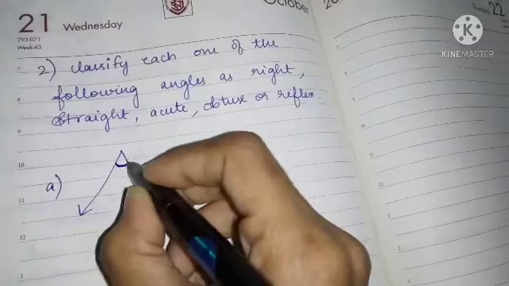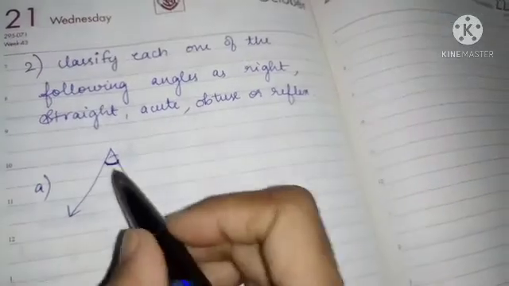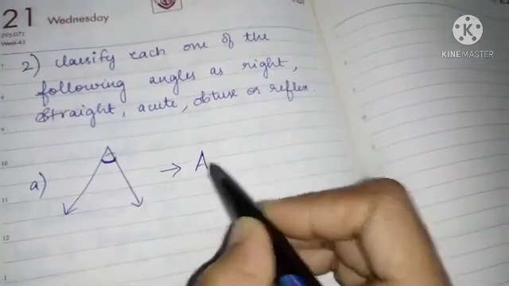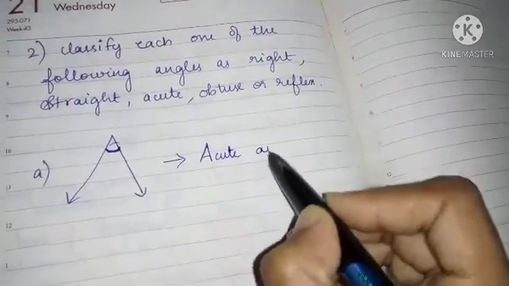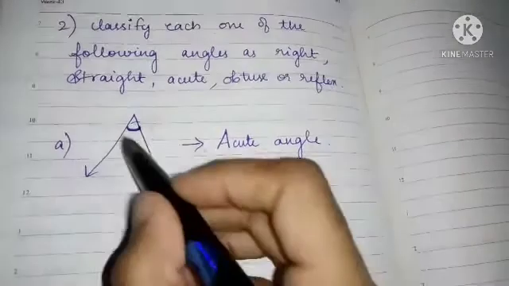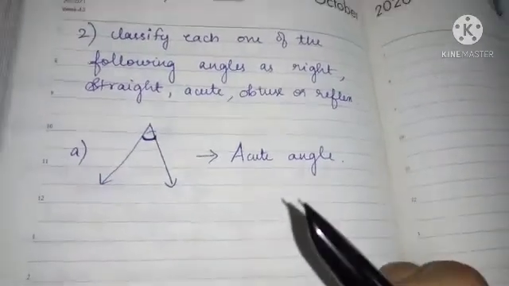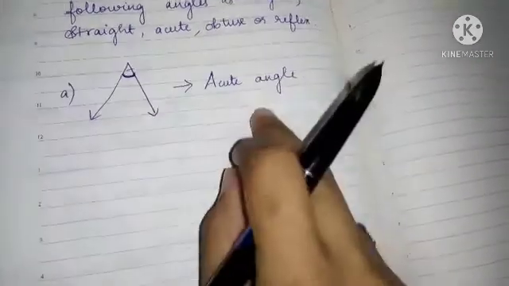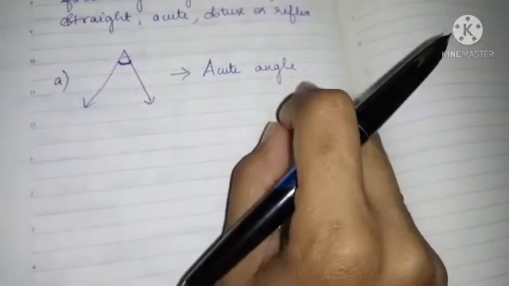So what is this angle? What is this angle called? Acute angle. Write it nearby. Why is it acute angle? Because it is less than 90 degrees. So we call it acute angle.